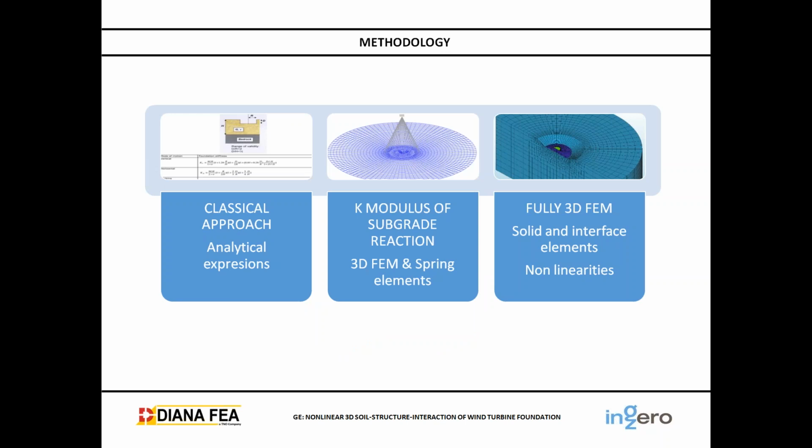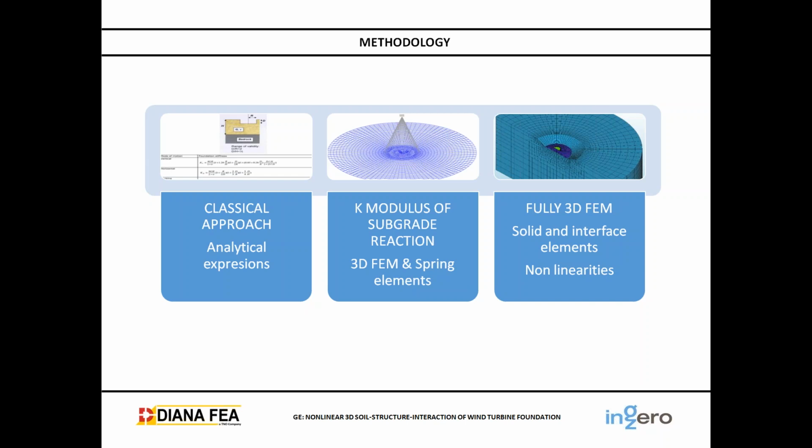Which methodologies do we have, or how do we approach that problem? Normally, we have the classical approach, which is an analytical expression, which is in all the guides and norms. Then we have two other methods. The second big group considers 3D FEM models, and in it we have two subgroups.